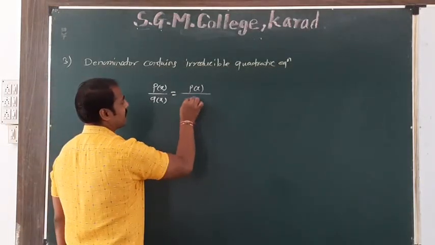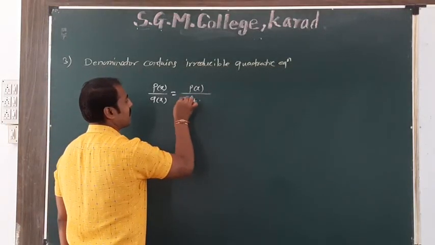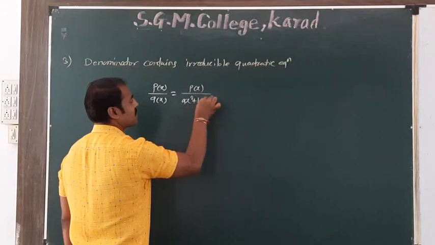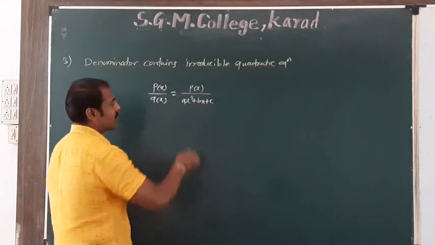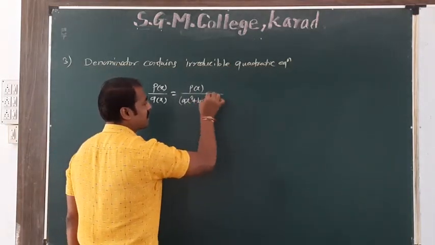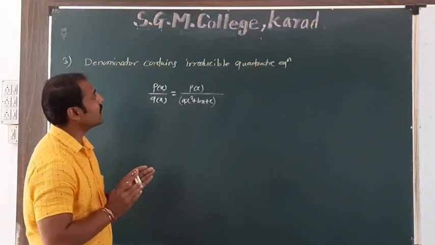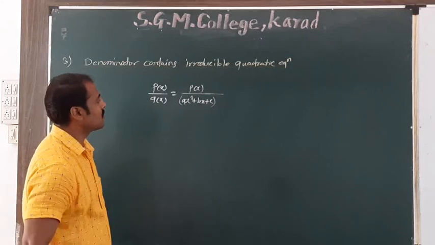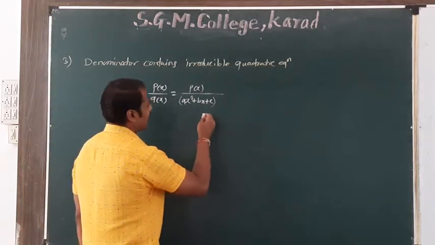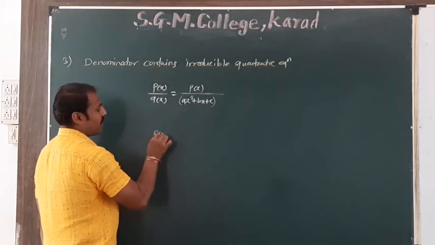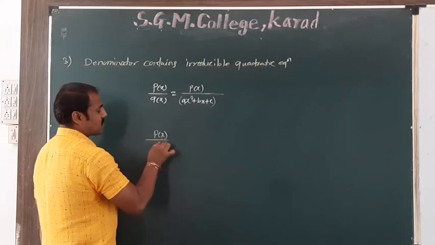It means that the equation x square plus bx plus c is there. One or two such equations are there in the denominator which are non-reducible, that is irreducible. For example, I can write here p of x divided by x square plus 1.